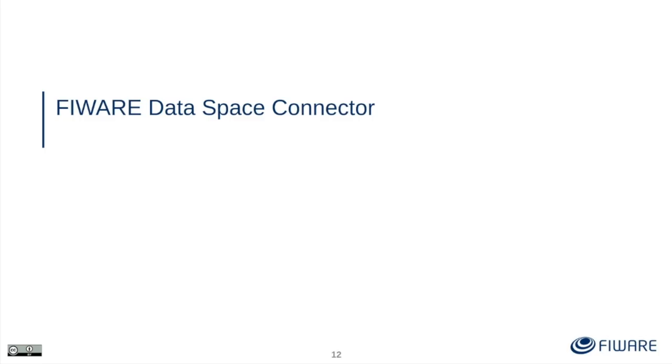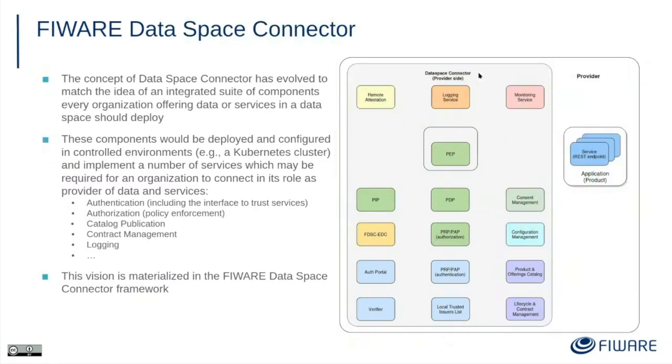Okay, then I will just continue and give you a first overview of what the FIWARE Dataspace Connector looks like from an architectural point of view, in order to actually make a FIWARE Dataspace reality.